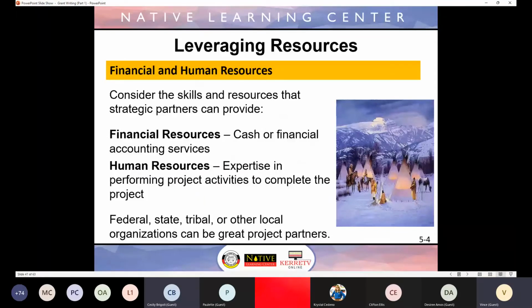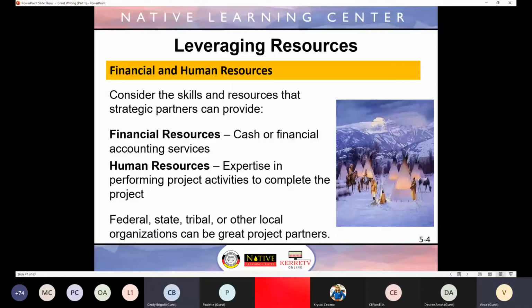Leveraging resources is an important part of grant writing. I've given you some scenarios of how to leverage not only financial cash donations, but also human resources in the way of expertise, volunteers, and equipment would be the third category there. The front end dozer. Also in the human resource area, the carpenters, that was an example. The financial resources example there was the Boys and Girls Club.